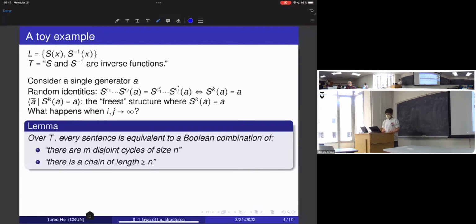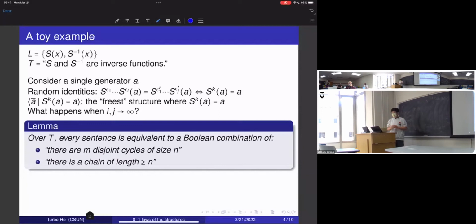And that becomes straightforward because as your K goes to infinity, for a fixed m and a fixed n, the first sentence is always going to be false, unless n equals 0, because the cycle is going to get larger and larger. For a fixed n, eventually you're not going to have a cycle of size n. For the second one, eventually it is going to be true.